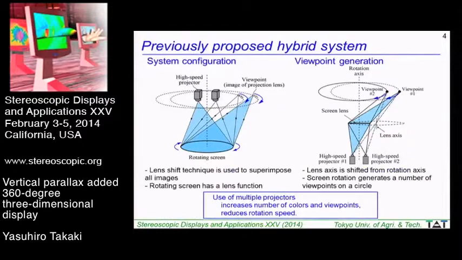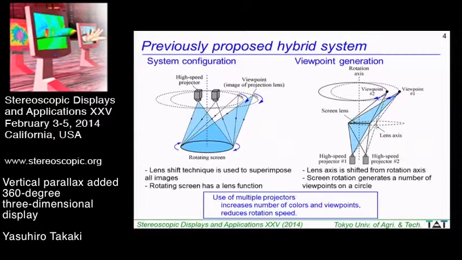First, I'll explain the previously proposed hybrid system. The lens shift technique is used to superimpose all images from the projectors onto the rotating screen. Because the rotating screen has a lens function, the image of the projection lens is produced in the observation space, and this image becomes a viewpoint because the image projected on the screen can be viewed from this point.